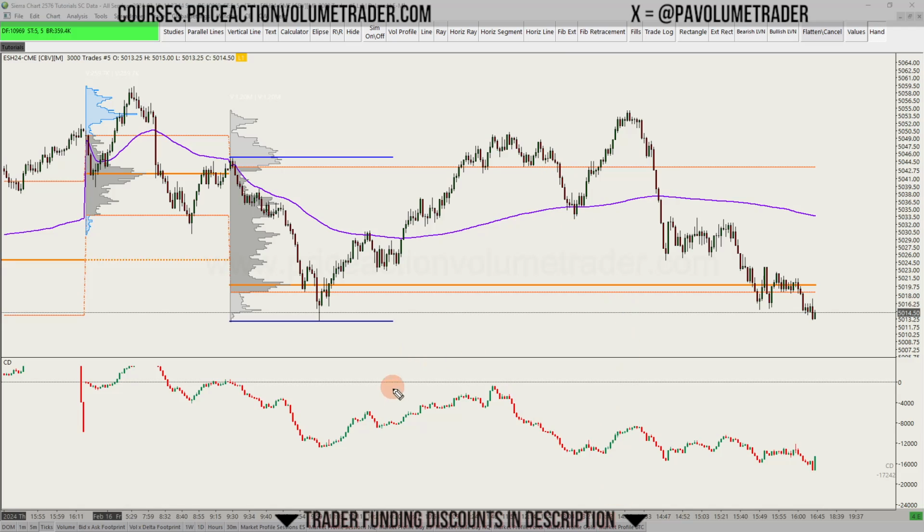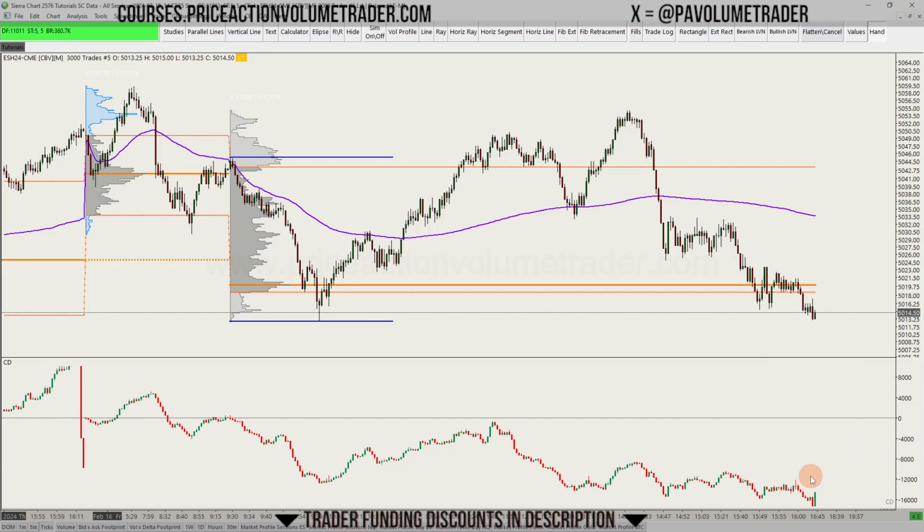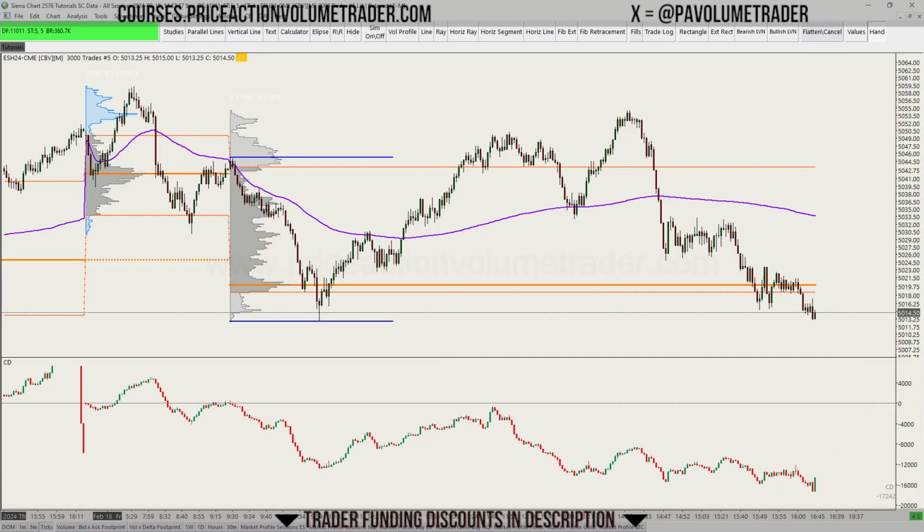But cumulative delta, again, is a good gauge for the aggressiveness on the market, on the buy or the sell. You can see there is a scale here that starts at 0. When the trading session begins, we start at 0. So if we end up down here, we ended up at around minus 15,000.